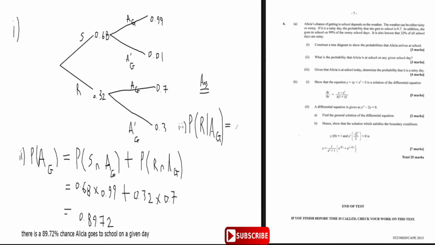The conditional probability is going to be equal to the probability of R given AG, which is equal to the probability of R intersect AG, divided by the probability of AG.